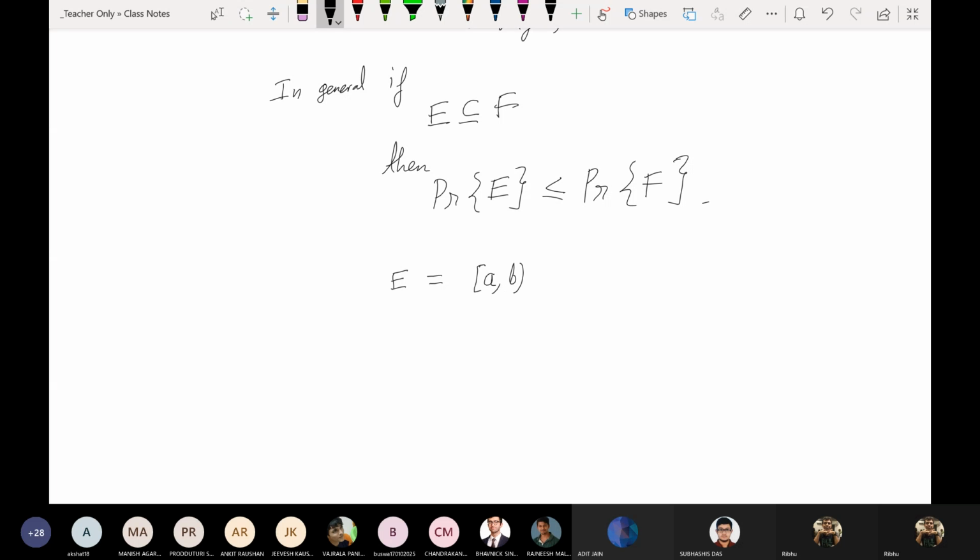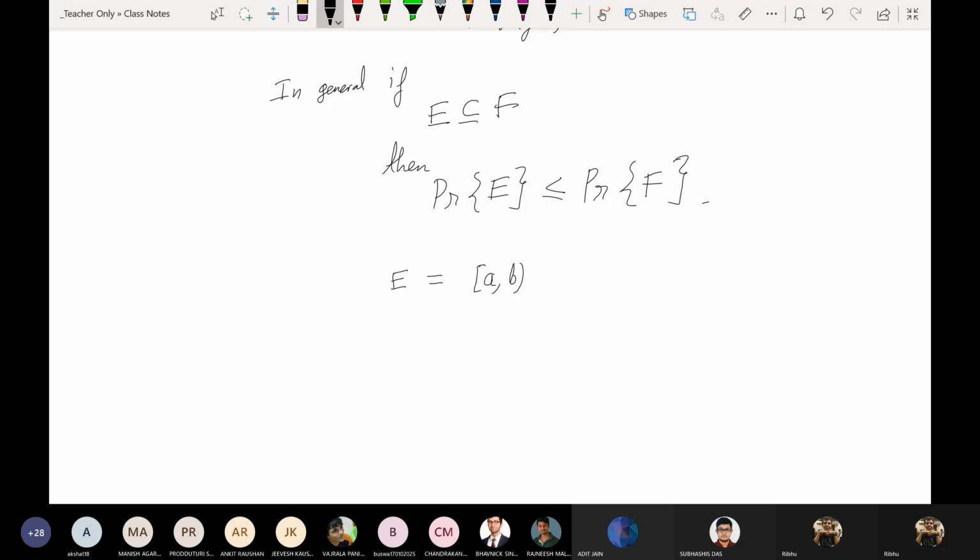So this is a single interval on the line. We can consider that omega is some subset of the real line that contains both A and B.